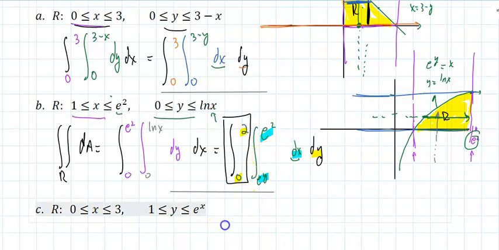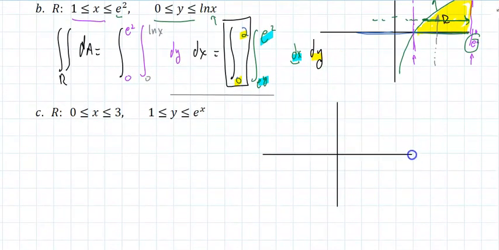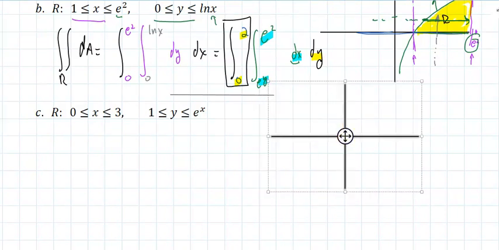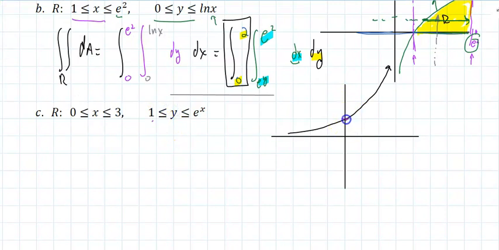And what if I wanted to look at this graph? What if the region I'm looking at is actually y equals e to the x, a graph that looked like this. I'm looking at this graph having y run between 1 and e to the x. And x is running between x equals 0 and x equals 3.